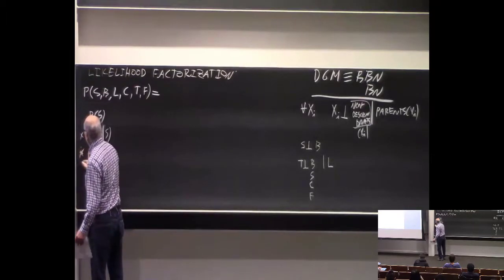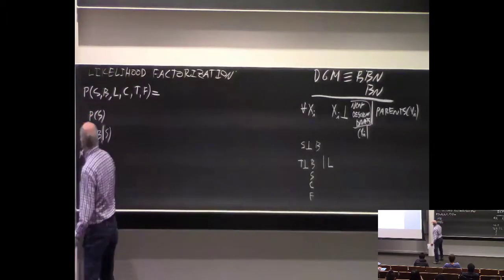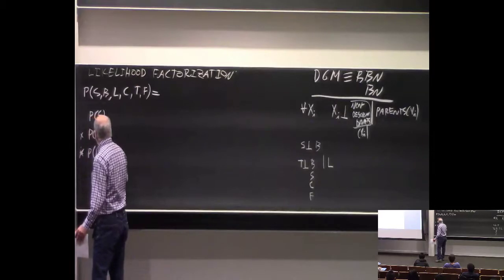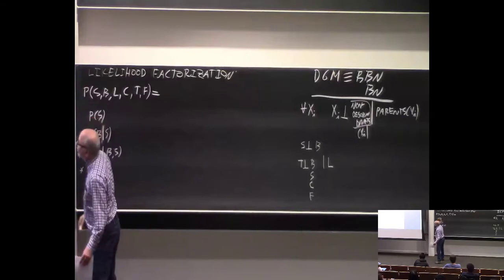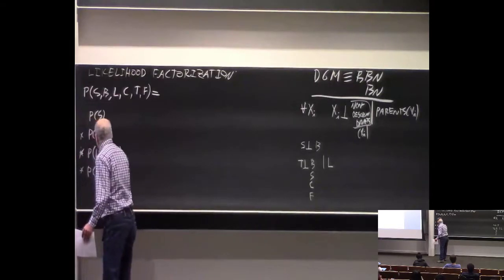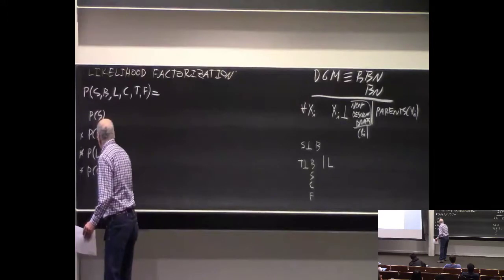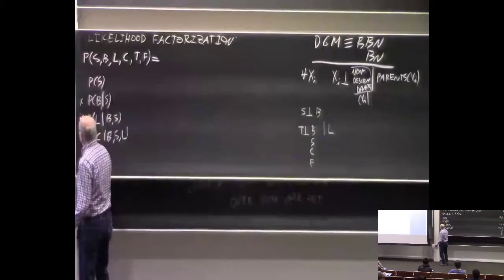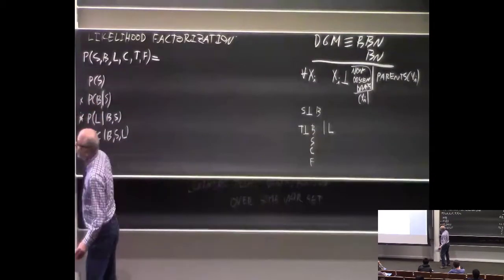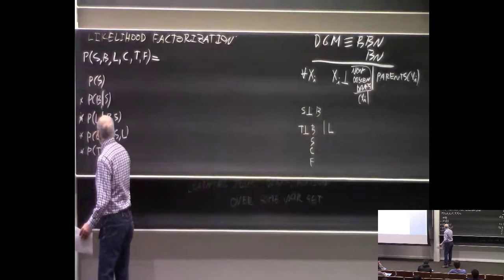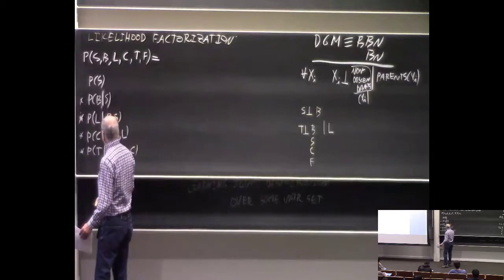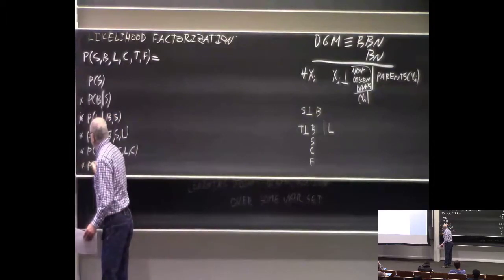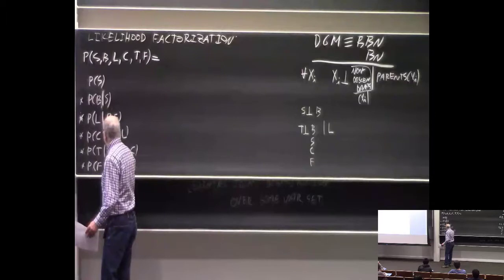Times probability of lightning given the previous 2, times probability of campfire given the previous 3, times probability of thunder given the previous 4, times probability of fire given the previous 5.